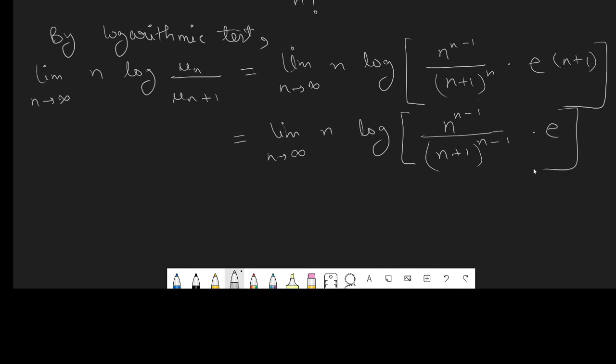Okay, so it will be limit n tends to infinity of log. If they have the same power, we can write it as (n by n plus 1)^(n-1) e.